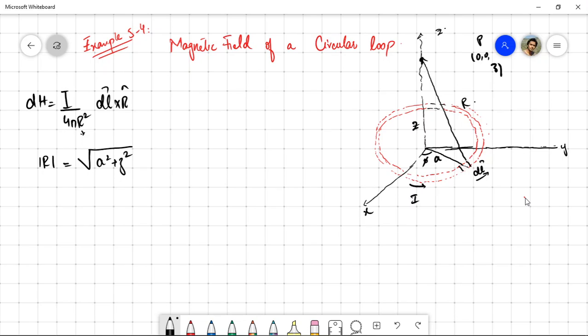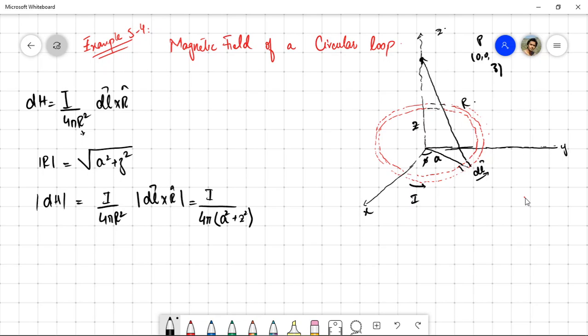So if we talk about the magnitude of dH, this is going to be I over 4 pi r squared, and then the magnitude of dl cross r hat, and we have calculated the value of this r. This is square root of a squared plus z squared, so we can write this as 4 pi times (a squared plus z squared).